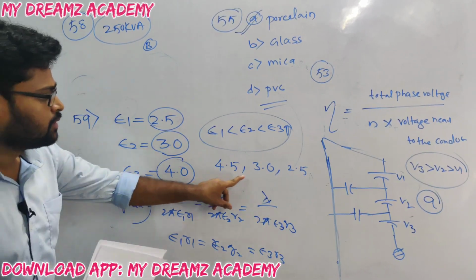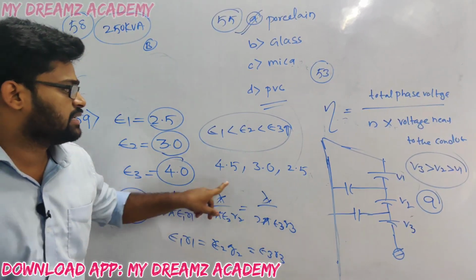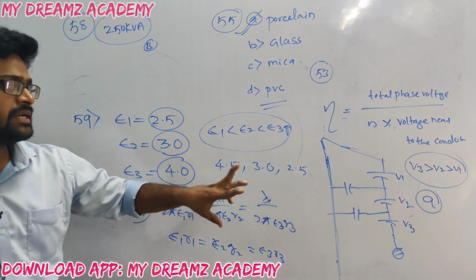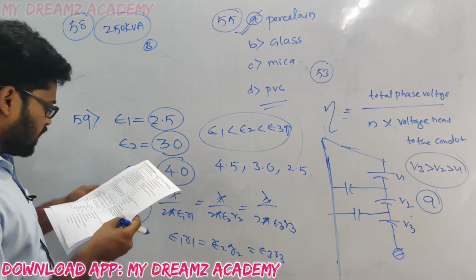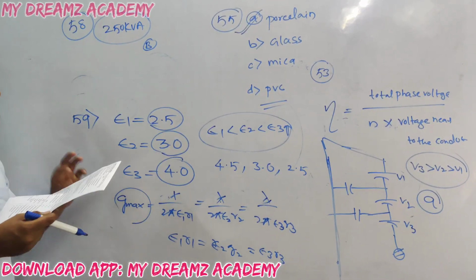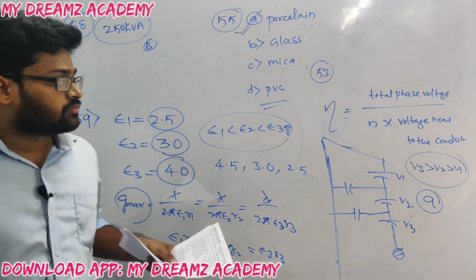We need to keep the permittivity of the materials like this: 4.0, 3.0, 2.5. So this is question number 59 and the last question in this session.